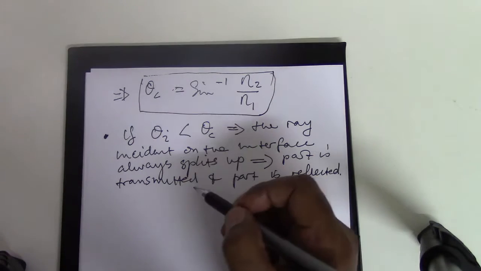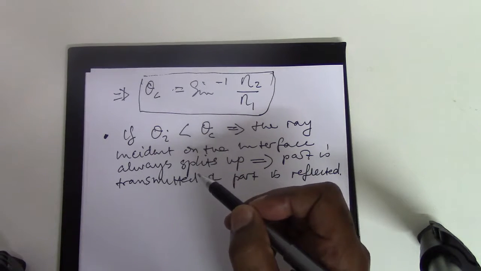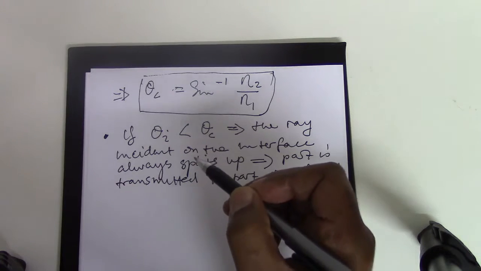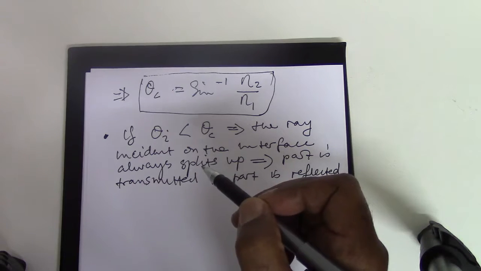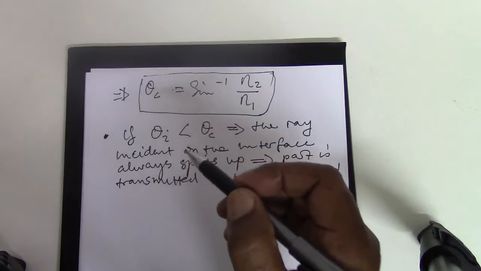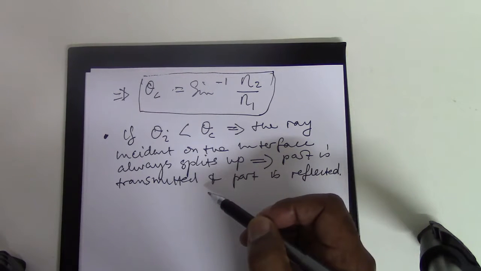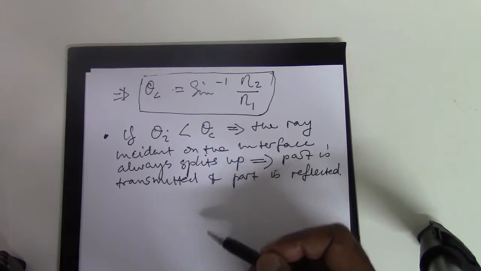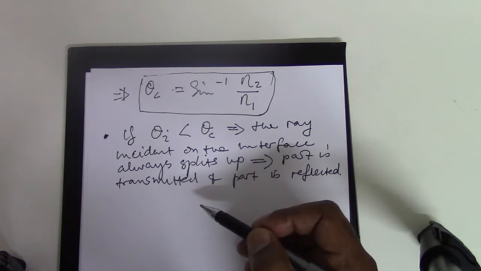So this statement tells us that as long as the angle of incidence is less than the critical angle, the light ray incident at the interface will partly divide; part of it is reflected, part of it is transmitted.